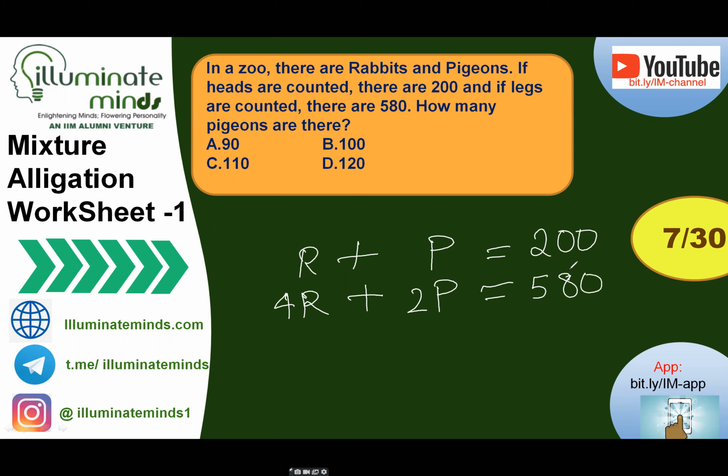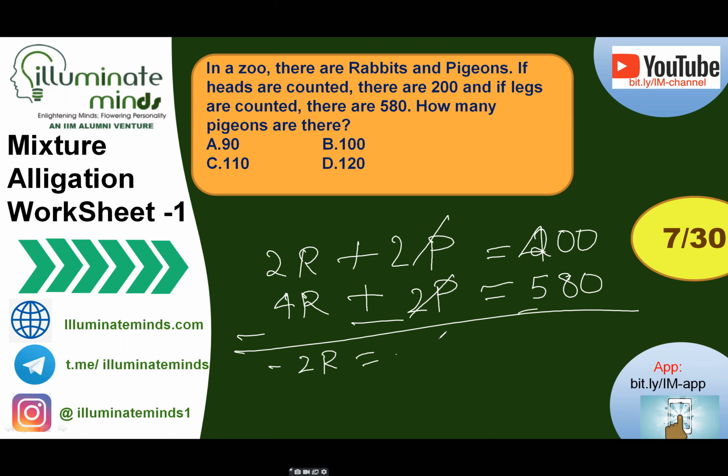Correct, guys? So you can solve this, and this will become 400. Then as you keep solving, you will get minus 2R is equal to minus 180. R becomes equal to 90.